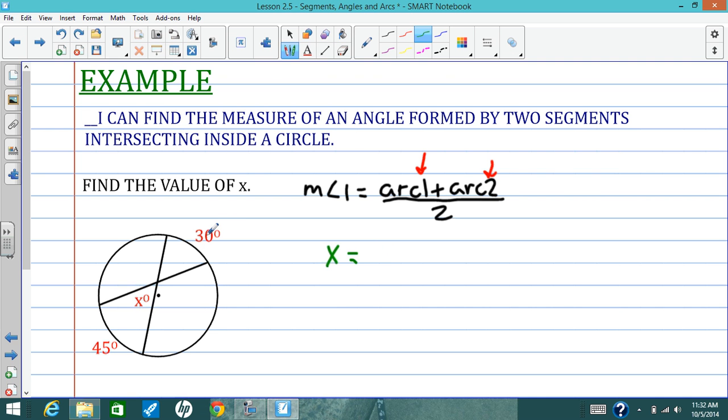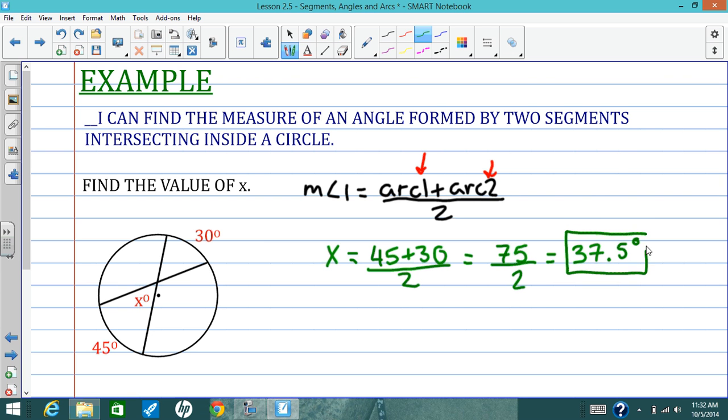It doesn't matter which one's arc 1 or which one's arc 2. One of them's 45, the other is 30. And I can just simplify. And I get that x is 37.5 degrees. That means that this angle is also 37.5 degrees.